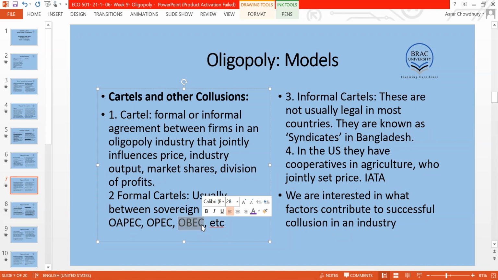Has anybody heard of OPEC? OPEC is the Organization for Banana Exporting Countries, and most of these countries are from the Caribbean in the West Indies. Their only export commodity is bananas. There are many such countries.